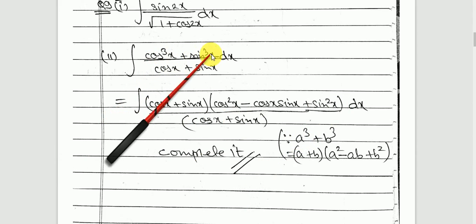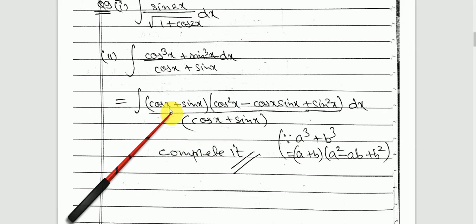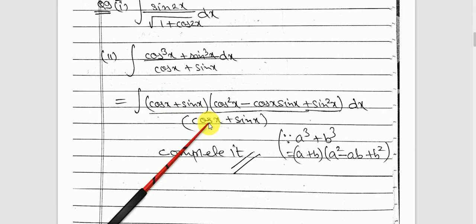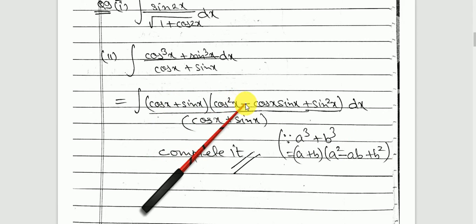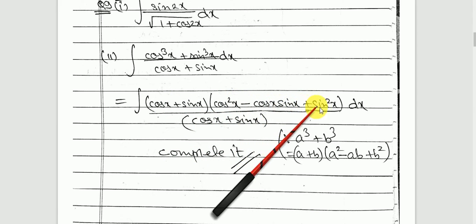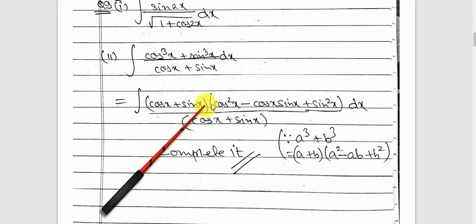Here a cube plus b cube type, so you have to use this formula. So here you can see that these two will get cancelled, cos x plus sin x, and then you are left with cos square x minus cos x sin x plus sin square x. So rest I have left for you, you have to do this.